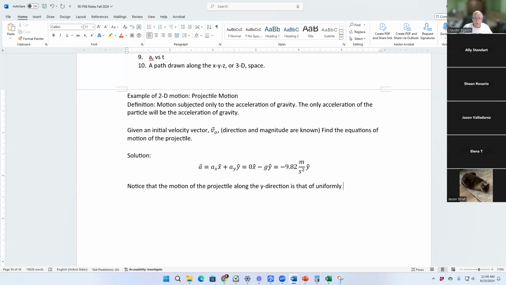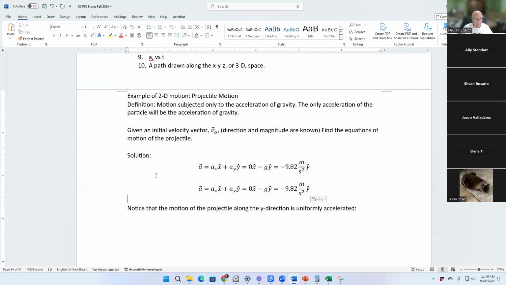Along the y direction it is uniformly accelerated.